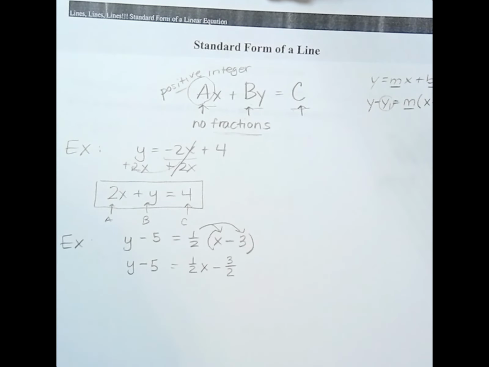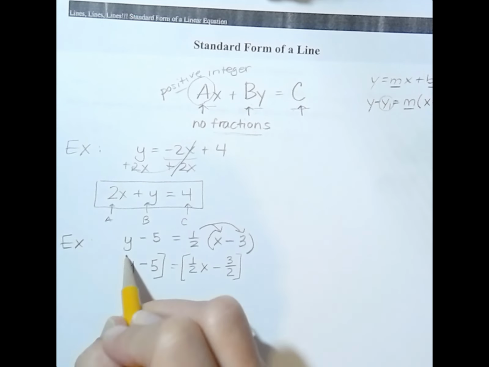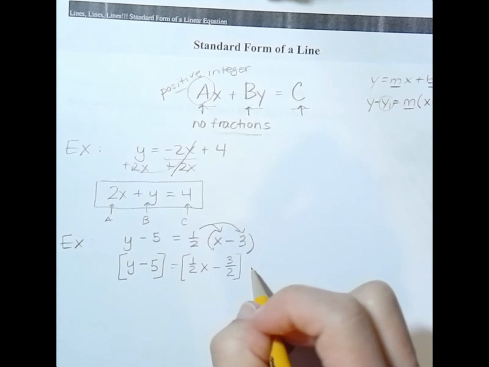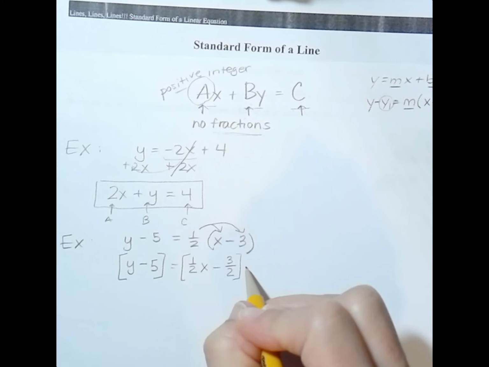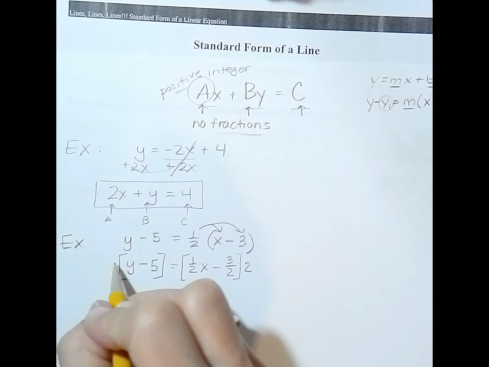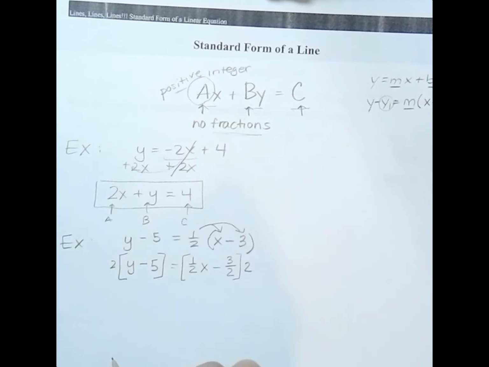I think at this point I'm going to go ahead and clear these fractions. An easy way to clear the fractions is to multiply both sides by the least common multiple, which in this case would just be 2. When I multiply 2 by 1/2 and 3/2 by 2, that's going to get rid of the denominators.